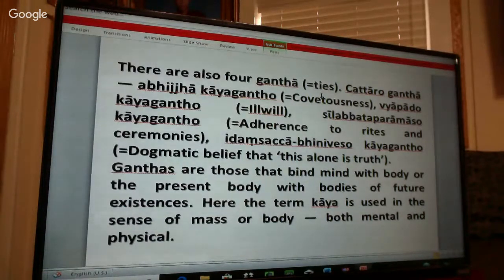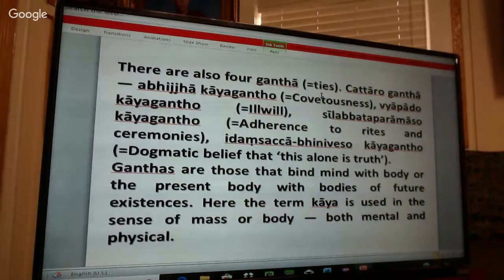So there are also four kinds of Ganta, Cattaro Ganta, but the names are different here: Abhijjha Kaya Ganto, Vyapado Kaya Ganto, Silabbata Paramaso Kaya Ganto, Idam Saccabhinivesa Kaya Ganto. So there are four kinds of Ganta.